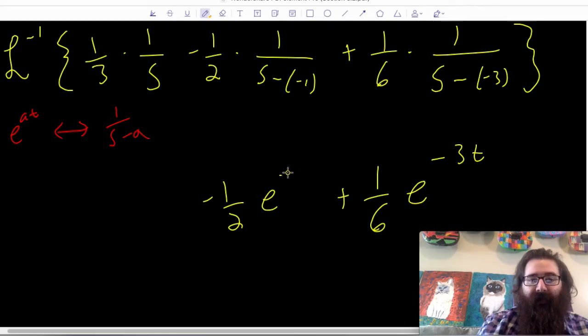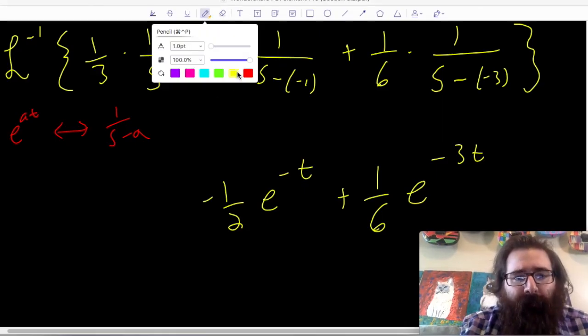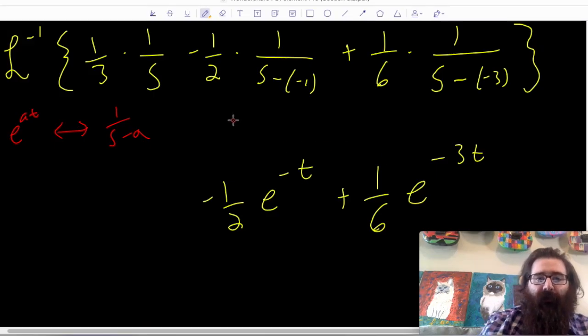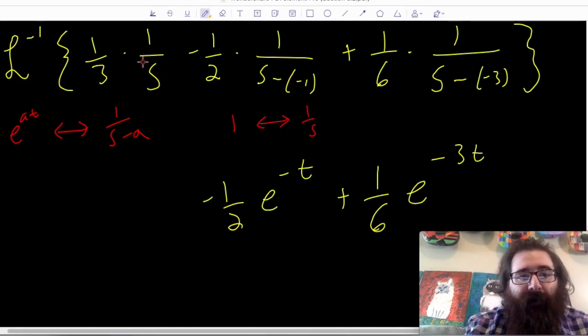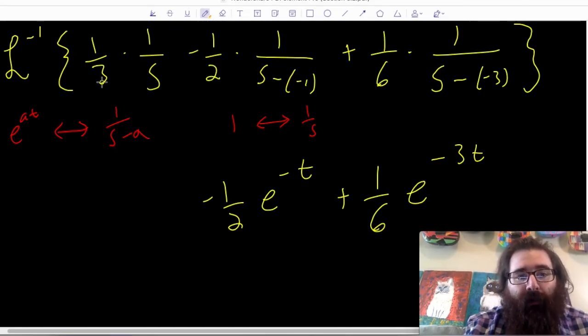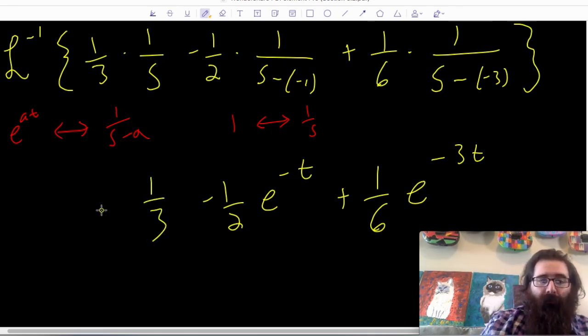That's e to the negative 1t, or e to the minus t. But what about 1 over s? And maybe we remember that from the beginning of the problem. Remember that Laplace transformation of 1 maps to 1 over s. So in fact, 1 over s through Laplace inverse is going to map back to 1, so I get 1/3 times 1, or that's just really 1/3.